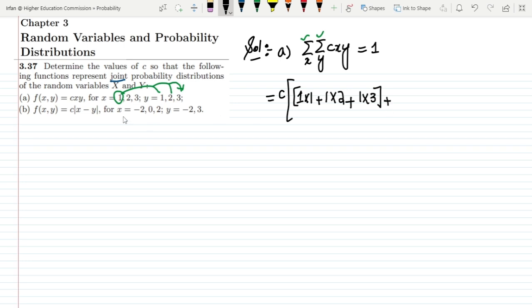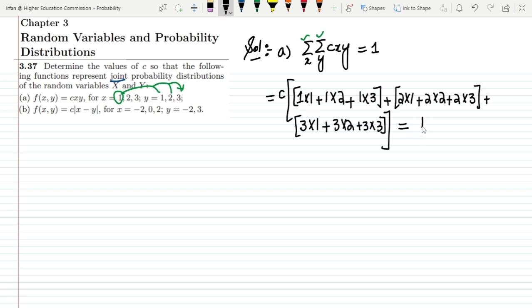Now taking the second value of x, which is 2, and multiplying it with all values of y: 2 multiplied by 1, 2 multiplied by 2, and 2 multiplied by 3. And the last one is 3: 3 multiplied by 1, plus 3 multiplied by 2, plus 3 multiplied by 3. That is equal to 1.